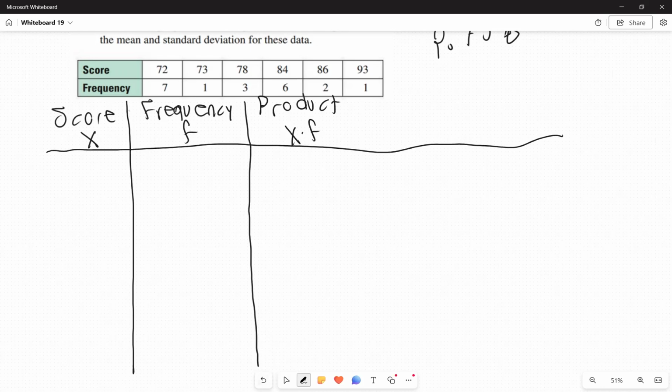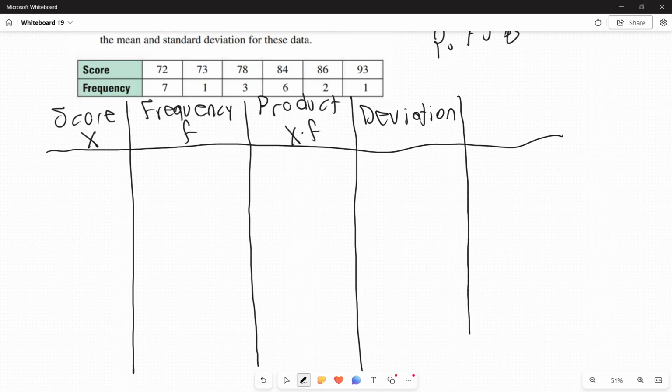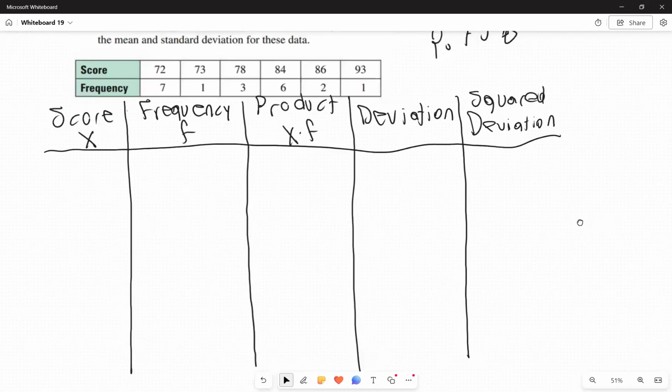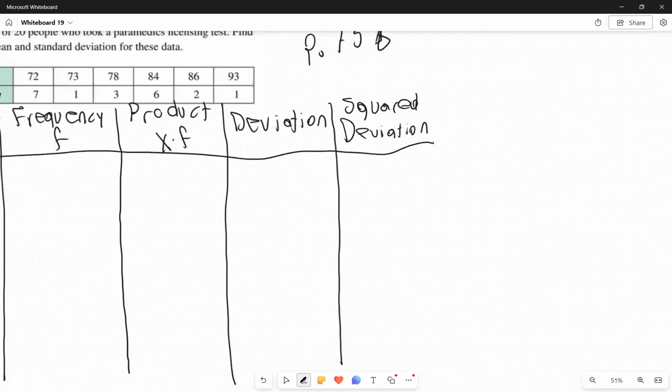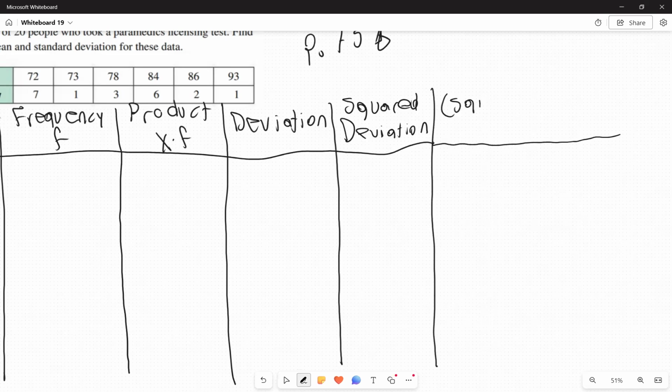Then we find the deviation of each score from the mean, we square the deviation, and finally we find the product of the square deviation times the frequency.